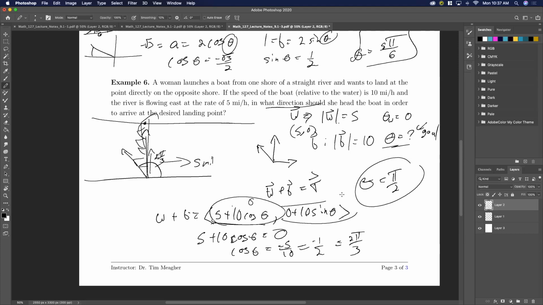We just want to know in which direction I head so that I arrive exactly across. That's the angle, 2 pi over 3. Another way of saying this is 120 degrees. And in fact, since we learned how to do it, we're going to go north and then turn 30 degrees west, because north would be 90. So north, 30 degrees west, if you want to do the old directions we learned. You don't need to know this, but just in case you're doing that.